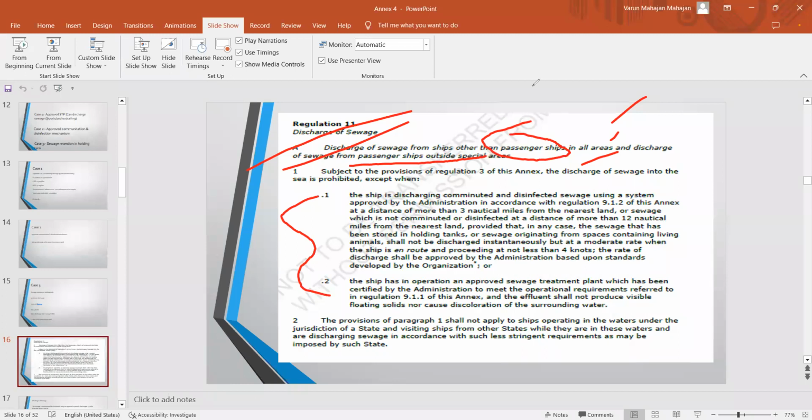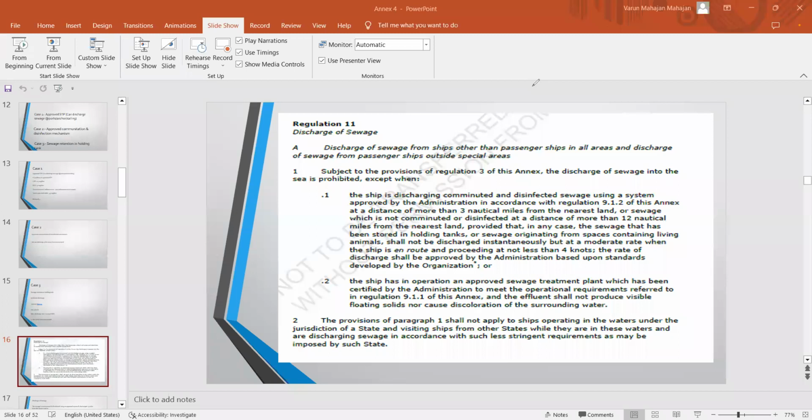So now what this regulation is saying: the ship is discharging comminuted and disinfected sewage using a system approved by the administration in accordance with the regulation, at a distance of more than 3 nautical miles from the nearest land. So if you are using a system, that was our case 2, right?